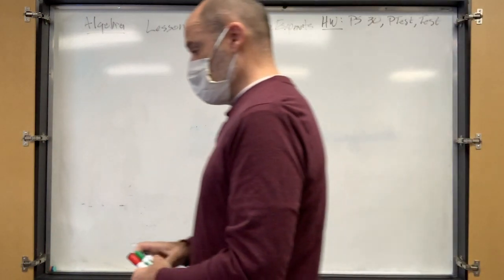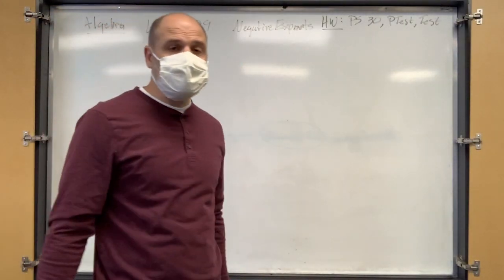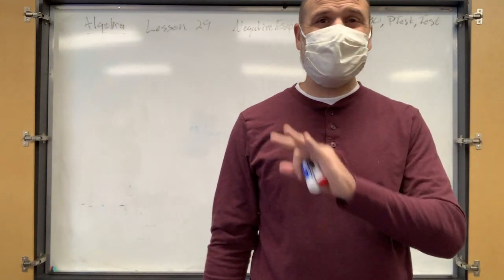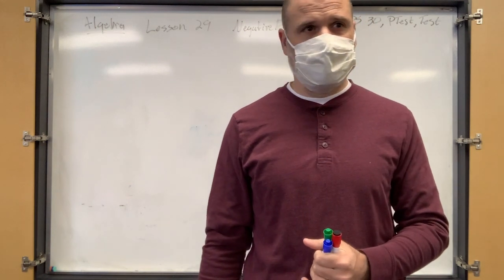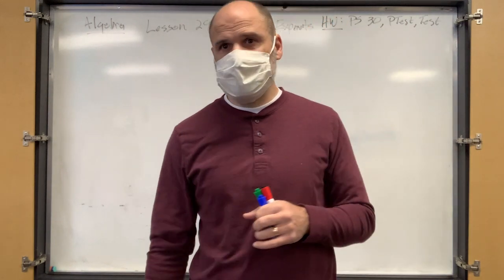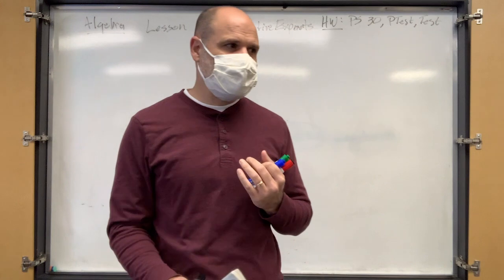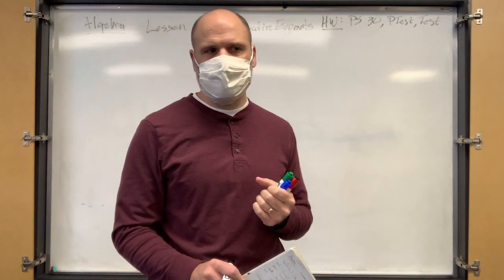So, negative exponents. The most important thing that you need to know is negative exponents have nothing to do with whether something's positive or negative. That's weird, so that's the first thing I want to say so it sticks in your brain. Negative exponents have nothing to do with whether something's positive or negative.